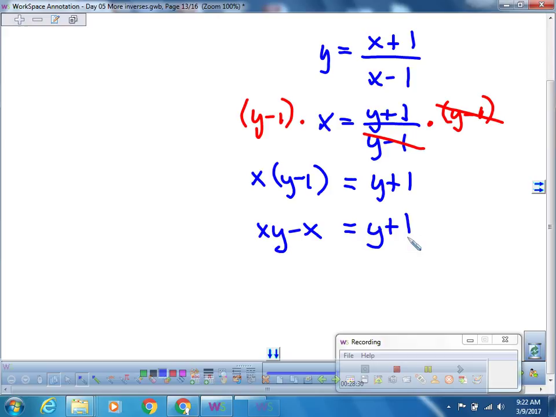I'm stuck. This is why I wouldn't put it on a quiz, because I'm stumped. I hate these.